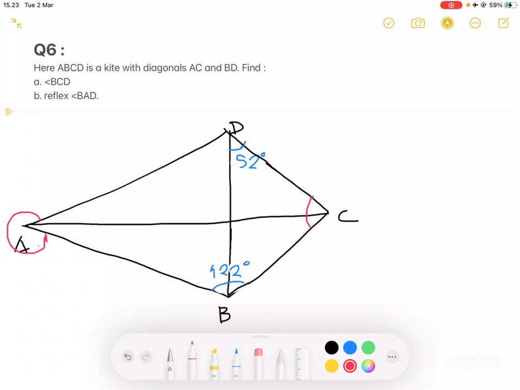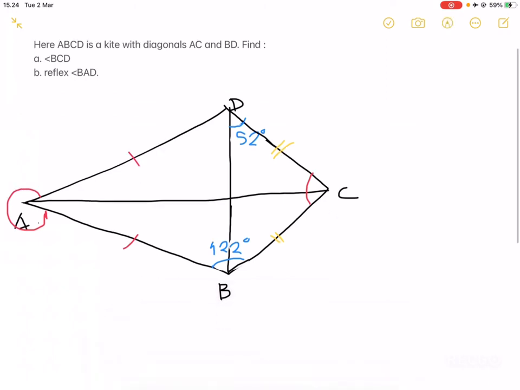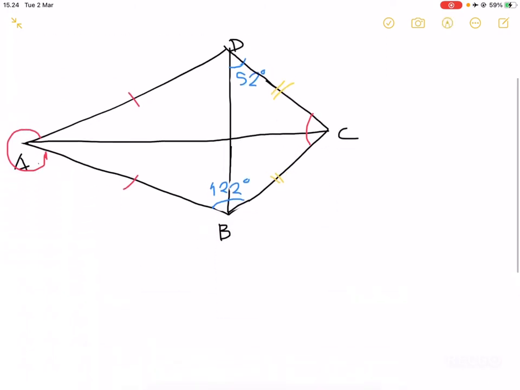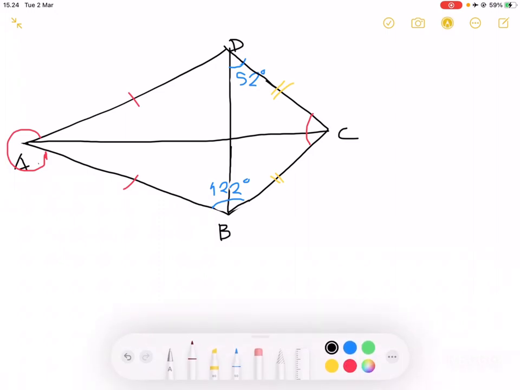So first, it's pretty obvious to find angle BCD first. And you must notice that since this is a kite, it has two pairs of equal angles, which is this and this, and this and that. And we're just going to look at the triangle BCD formed right there. So we know these are equal.